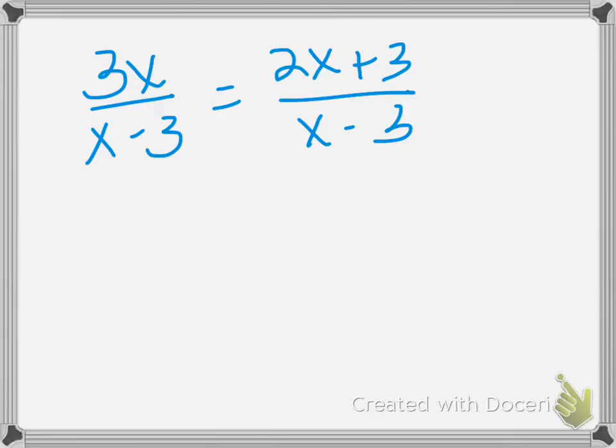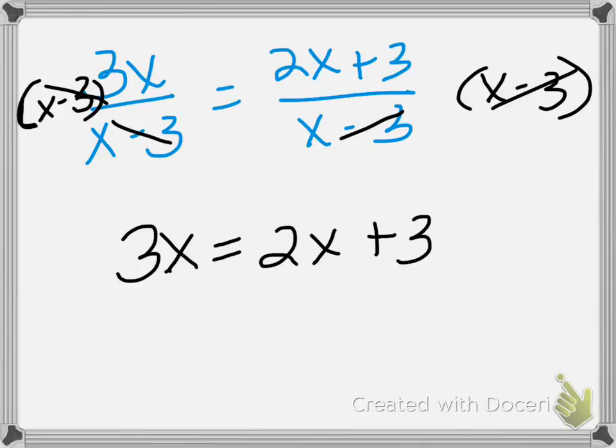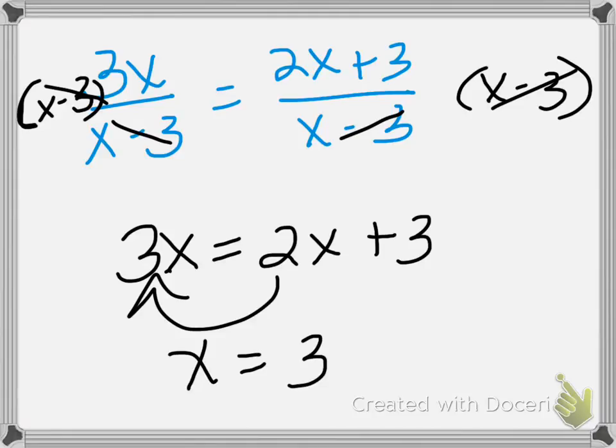Again, the first thing we have to do is factor out the least common denominator, which is, of course, our x minus 3, which factors out on this side, and x minus 3, which factors out on that side, leaving us with 3x equals 2x plus 3. Now, we know from algebra how to get the value of x. If we move this over here and subtract it, we have a value of x equals 3.